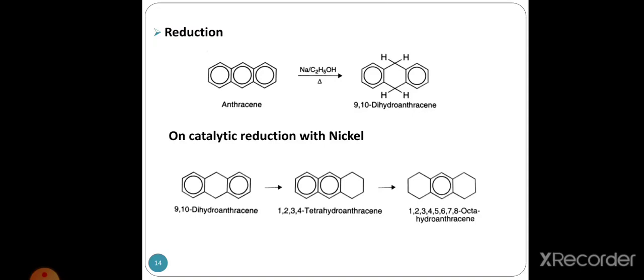On catalytic reduction using nickel at 225 degrees centigrade, first it gives 9,10-dihydroanthracene, and on continued hydrogenation it is converted into 1,2,3,4 tetrahydroanthracene and 1,2,3,4,5,6,7,8 octahydroanthracene.